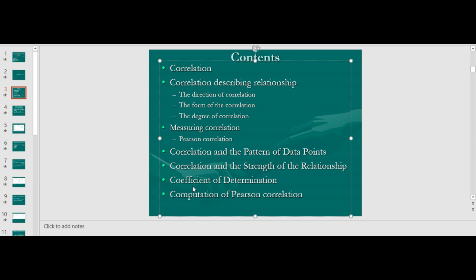We will also discuss the coefficient of determination. Then at the end, after learning all the important terms and the formulas, we will learn how to actually compute the Pearson correlation.